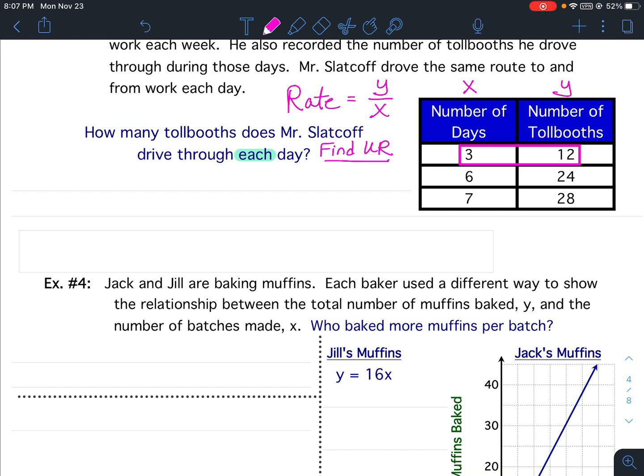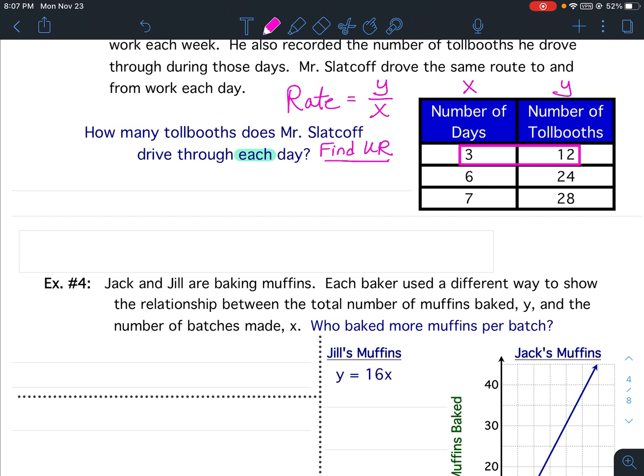So remember, we're putting x over y, I'm sorry, I said it the wrong way. We're putting y over x. We're putting y, which is the 12, over x, which is the 3.